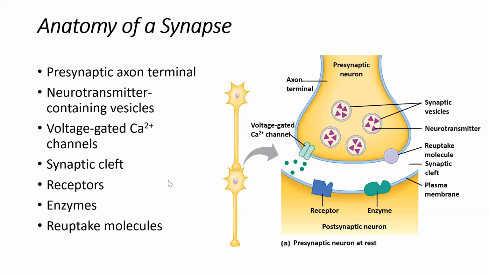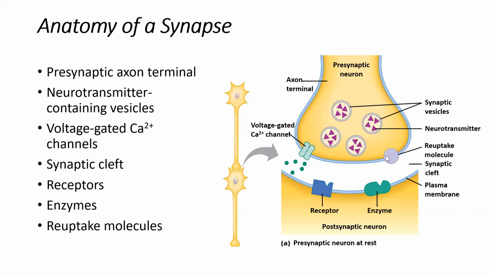The other thing we want to think about are the enzymes that are present. So also along the postsynaptic membrane is the presence of a few important enzymes that play a role in that synaptic transmission. And then lastly, we have the reuptake molecules. So reuptake molecules are situated along the presynaptic membrane, so that presynaptic axon terminal.